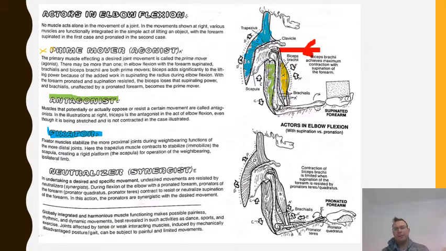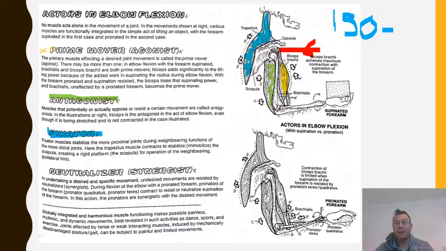So when that bicep contracts to pull, the scapula has to be stabilized by that trapezius muscle. So the trapezius muscle contracts in what's called an isometric contraction.